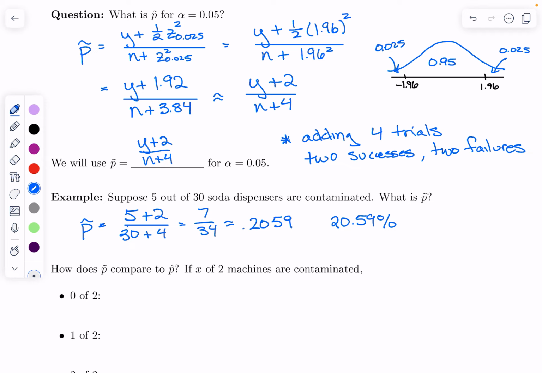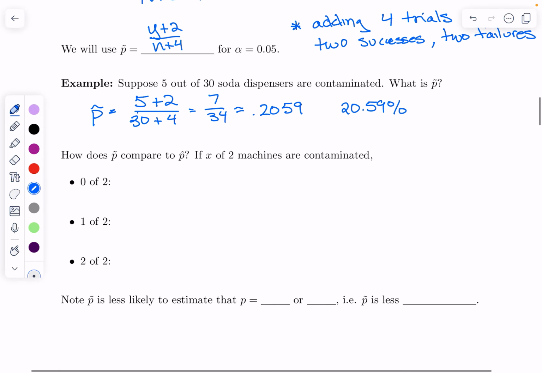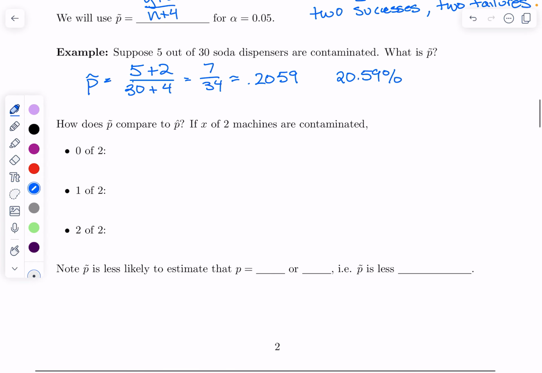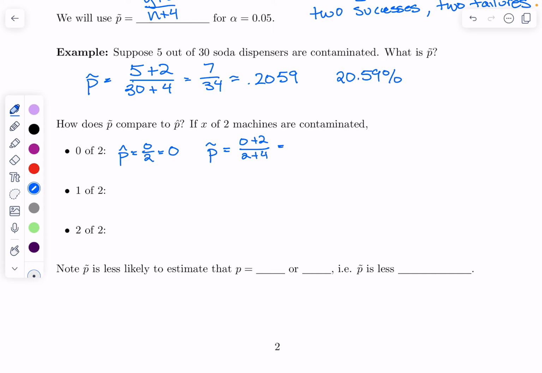So how does p tilde compare to p hat? Well, let's go back to our example where we sampled 2 machines. If we sampled 0 out of 2 machines infected, initially p hat would have been 0 over 2, or 0% are infected, but p tilde is going to be 0 plus 2 out of 2 plus 4, and so that is 2 out of 6, which is 1/3.